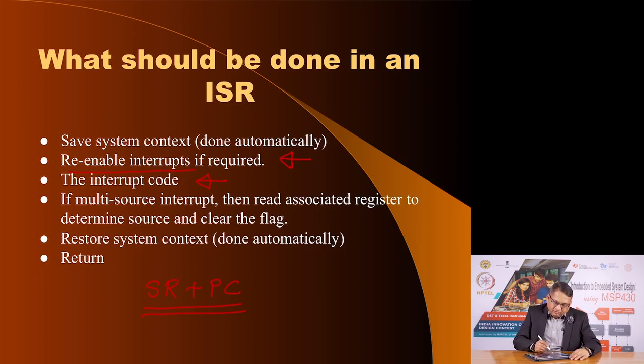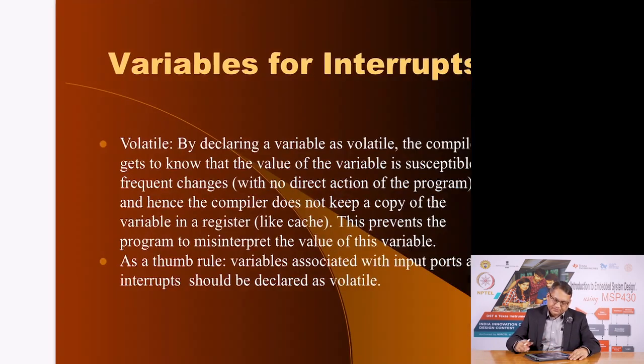Once that is done, you can restore the system context and return, meaning when you return, automatically the system will recover the status register and the program counter from the stack and put them into the respective registers. Which means you will go back to the main program which had been interrupted and you will resume your execution from that point onwards. So, this is the way things happen in an interrupt subroutine.